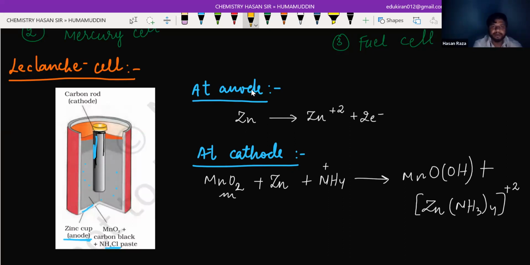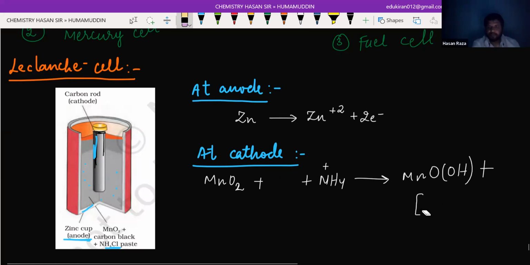Just wait a minute. I wrote the whole reaction, the complete cell reaction. See what will happen. What I told you is that this cathode is made up of carbon rod, and this anode is made up of zinc, and you know that at anode oxidation takes place.